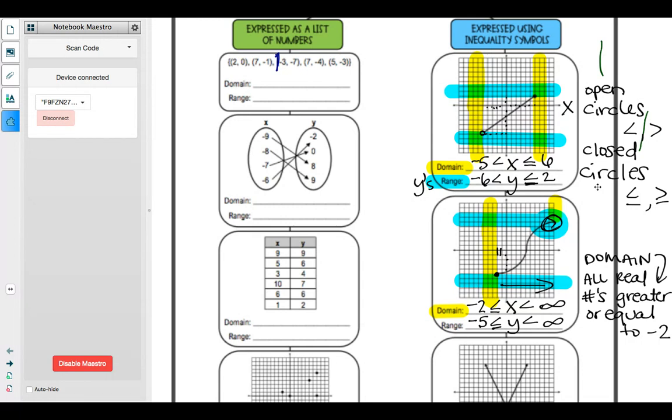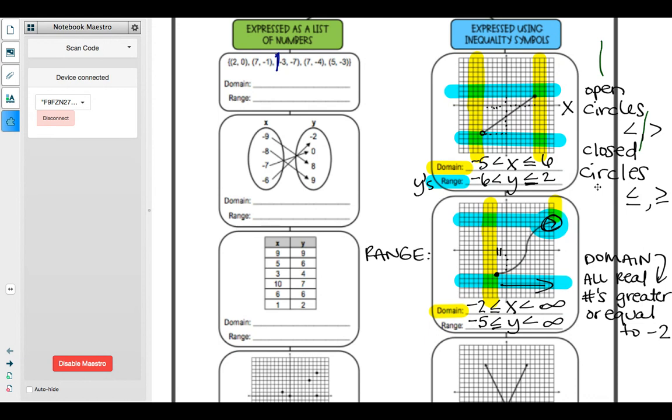And please make sure you write this down because you will see it as words. And so it's really important not only that you can write it using inequalities, but that you can translate that inequality to words. So let's do that.